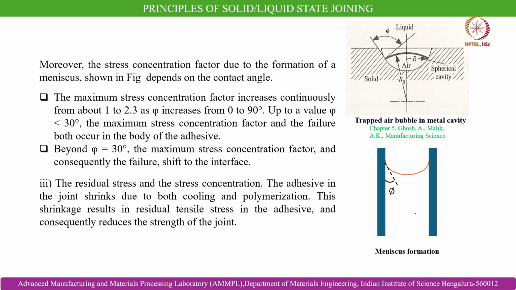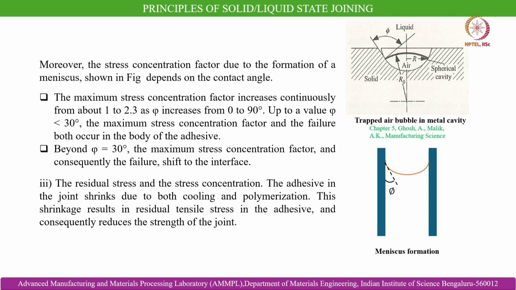Now, the residual stress and the stress concentration. The adhesive in the joint shrinks due to both cooling and polymerization, and this shrinkage results in residual tensile stress in the adhesive and consequently reduces the strength of the joint.